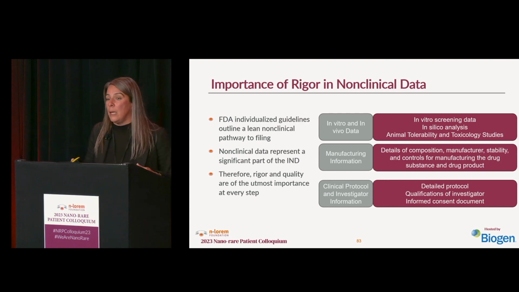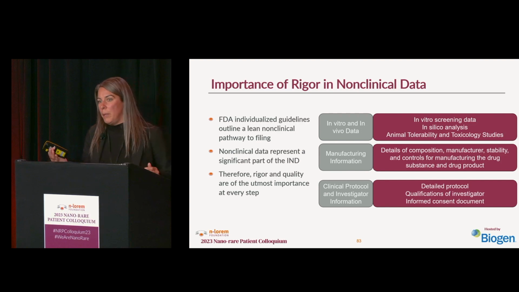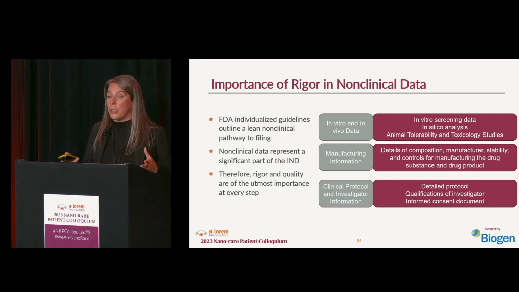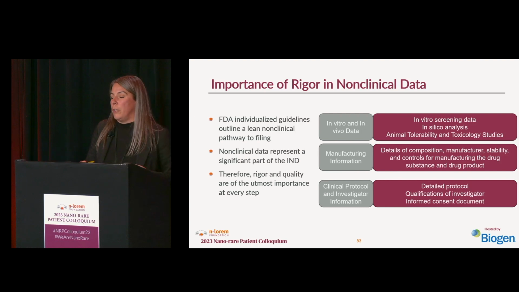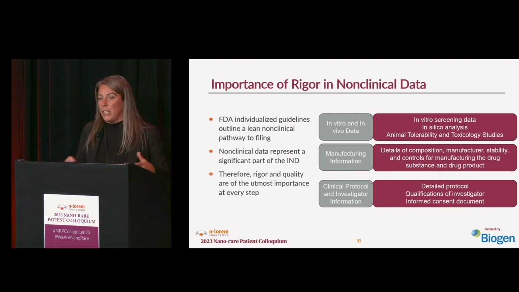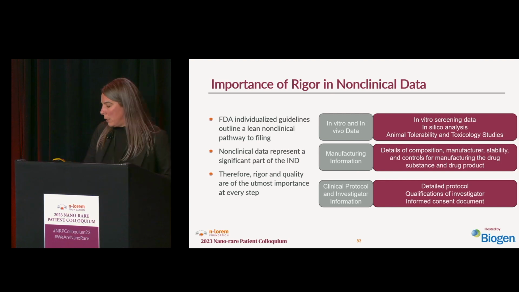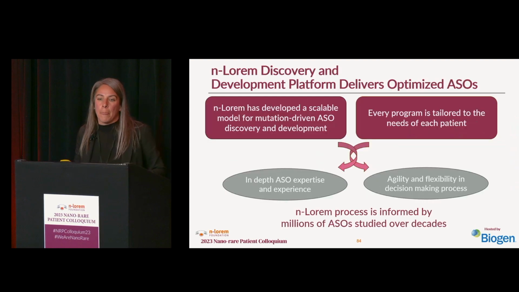As you can see, non-clinical data represents 60 or even more, maybe 75% of the content of the IND, and is really a pivotal part of getting that drug to the patient. The rest of the IND is really focused on the patient. At n-Lorem, we're very patient-focused, not population-focused. So the rest of the IND is around our patient and a clinical protocol around it, and Lori's going to cover that in more detail right after me.